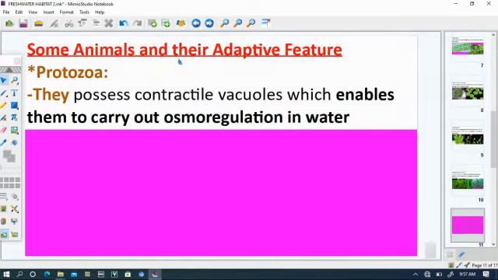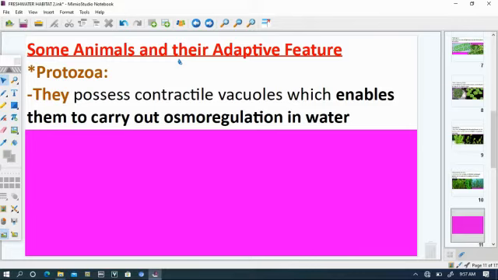Some animals and their adaptive features. The first animal we are going to discuss is called the protozoan. Examples of protozoan include paramecium, amoeba, trypanosome.